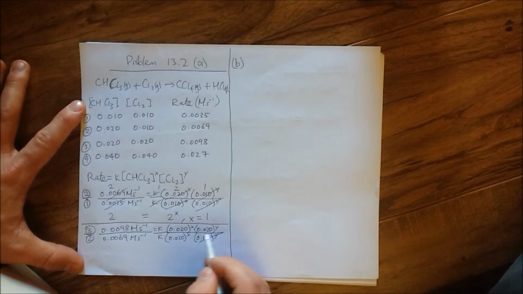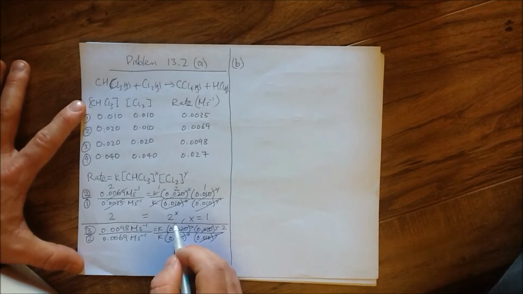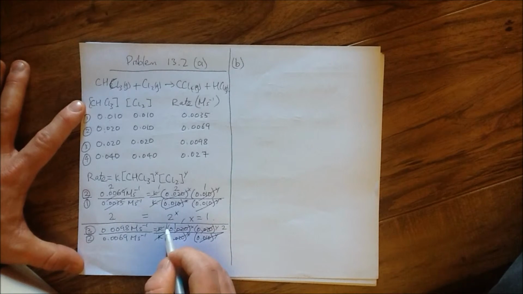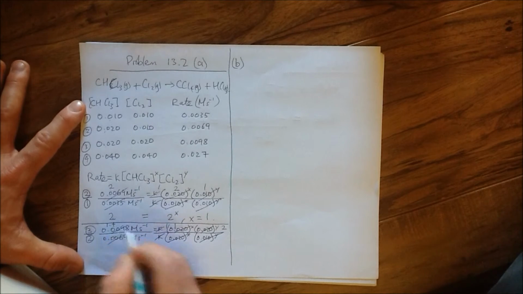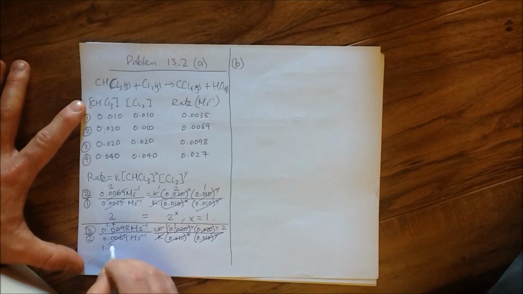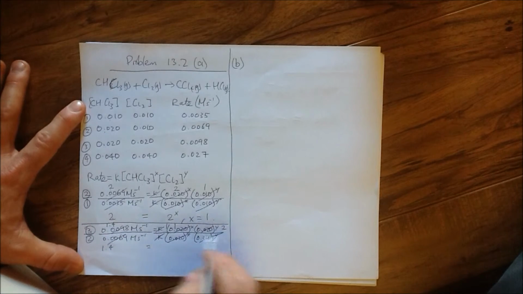We'll notice that this cancels to give 2, this cancels to give 1, this cancels to give 1, this cancels to give approximately 1.4. So what we have is 1.4 equals 2 to the power y. So y is a half.